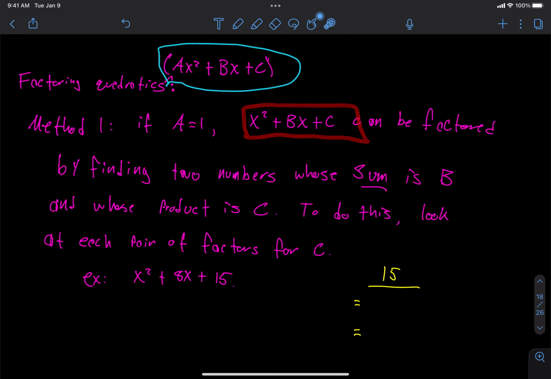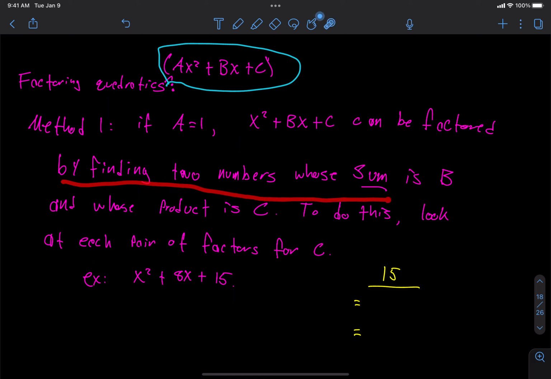If I have a form like this, then I'm in good shape for factoring using this method, which is that we are going to look at the factors of c, and we're going to look for two numbers that multiply together to get c and sum together to get b. That's going to be the goal. So we can factor by finding two numbers whose sum is b and whose product is c.